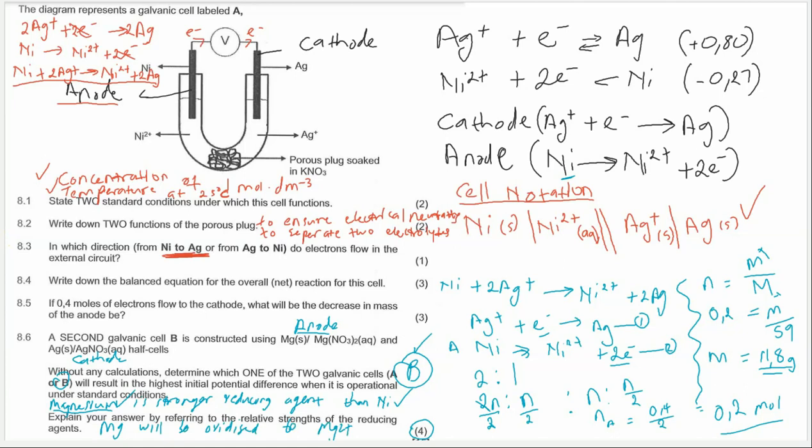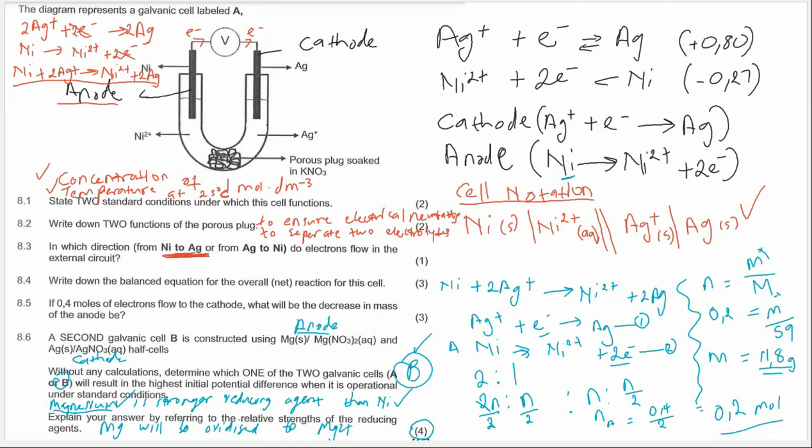So you can see even the answer here doesn't need you to focus too much on reasoning about the cell potential, what is going on with the potential. It just wants you to talk about the relationship between the two metals in their reducing abilities, right? And by using your table you can easily know that.